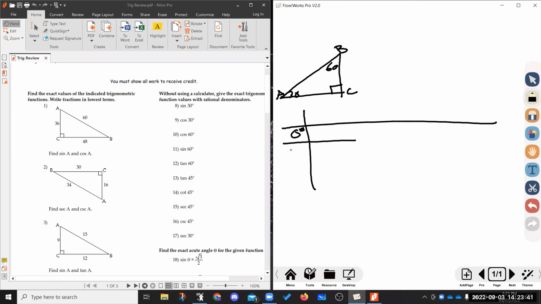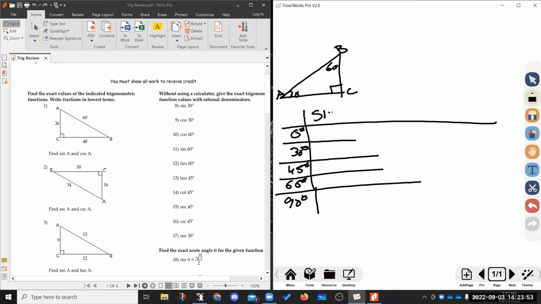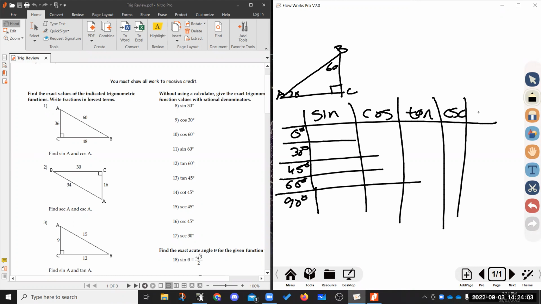Zero degrees, 30 degrees, 45 degrees, 60 degrees, 90 degrees, and sine, cosine, tangent, cosecant, secant, cotangent.